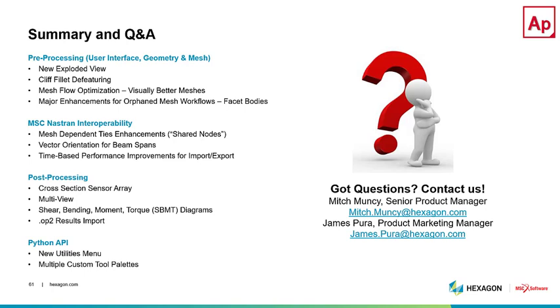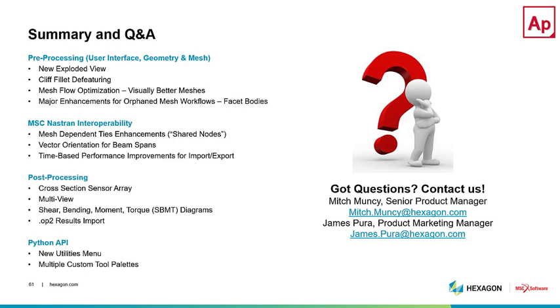Next we talked about MSC Nastran interoperability, both from a pre-processing as well as post-processing perspective. From a pre-processing perspective, we've got Nastran shared nodes across parts, which are supported, as well as vector orientation and time-based performance improvement, just improvement all around in terms of Nastran pre-processing as well as post-processing.